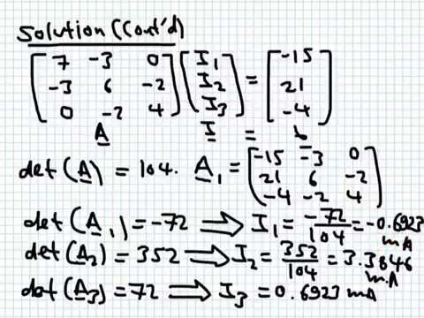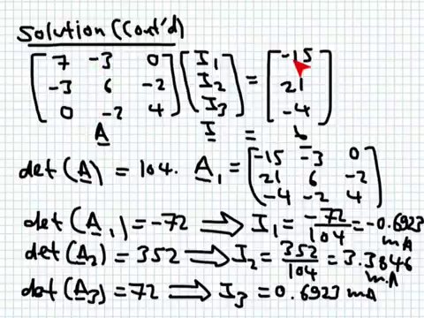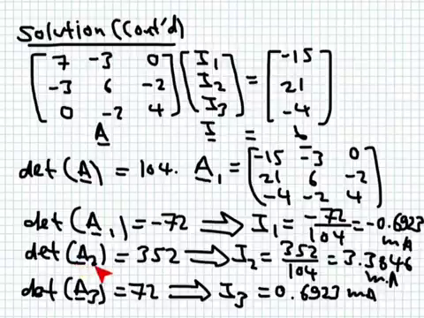Now, you create another matrix called A2. A2 is the same as A, but this second column will be replaced by minus 15, 21, and minus 4. If you do that, you will get the determinant of the matrix A2, 352. This means that the current I2 is 352 divided by 104, the determinant of A2 over the determinant of A. This will give you 3.3846.